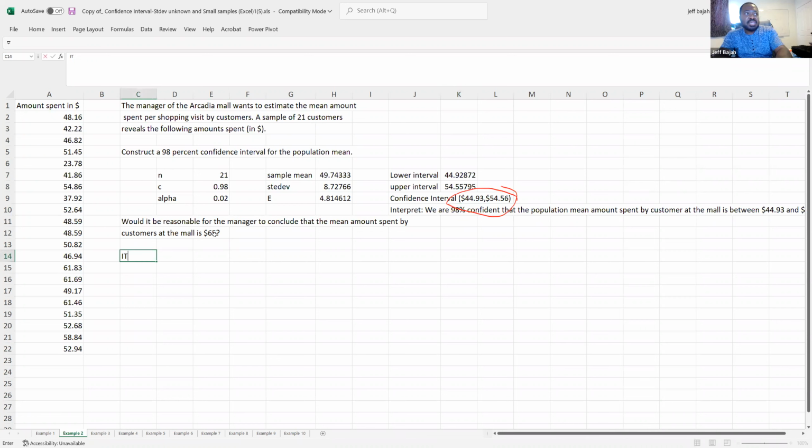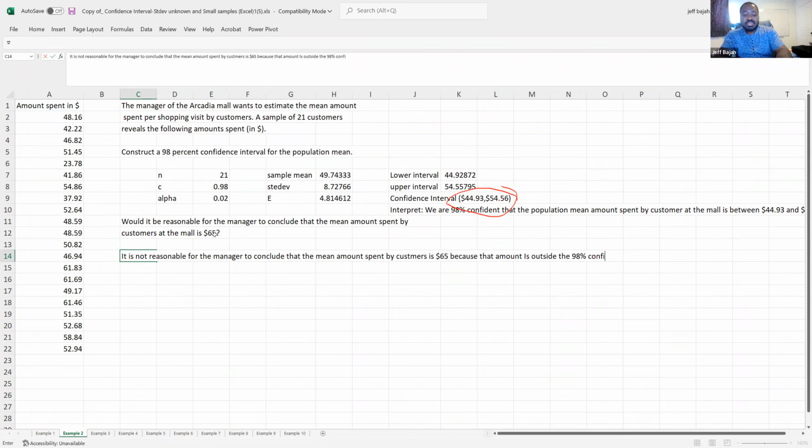So it's not reasonable for the manager to conclude that the mean amount spent by customers is $65, because that amount is outside the confidence interval.